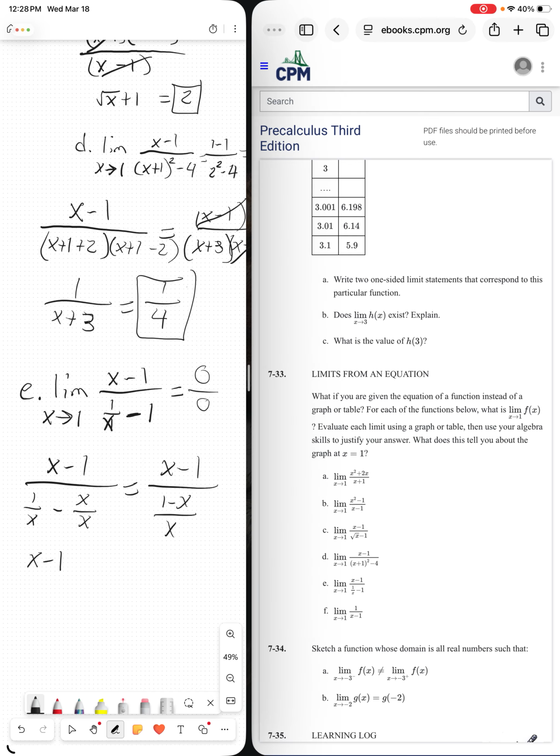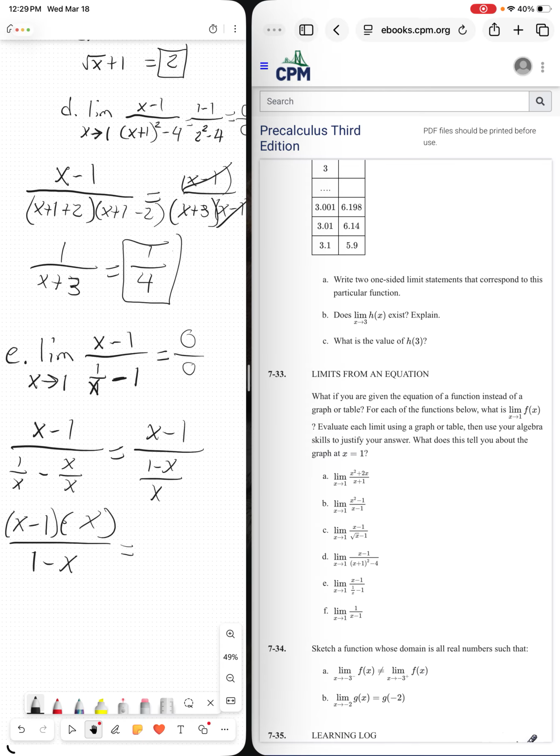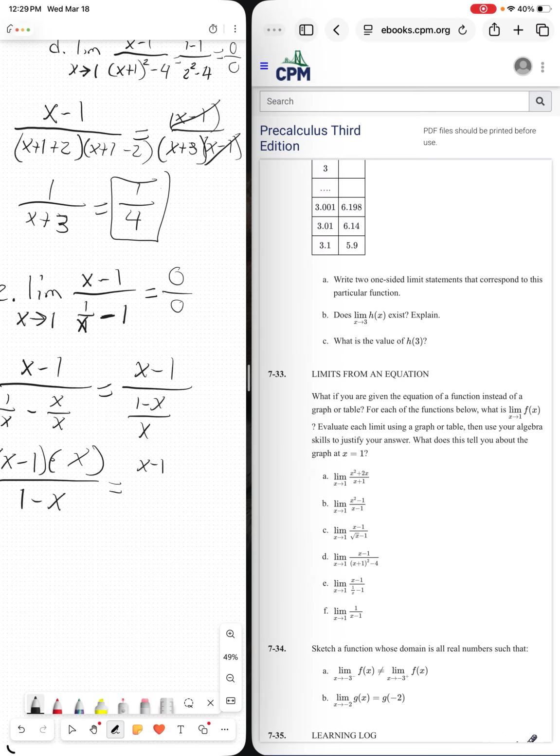Then we'll multiply by the reciprocal. Take out a negative 1 down here to make this, so it'll cancel. I have x over negative 1. Plug in a 1, I get negative 1.